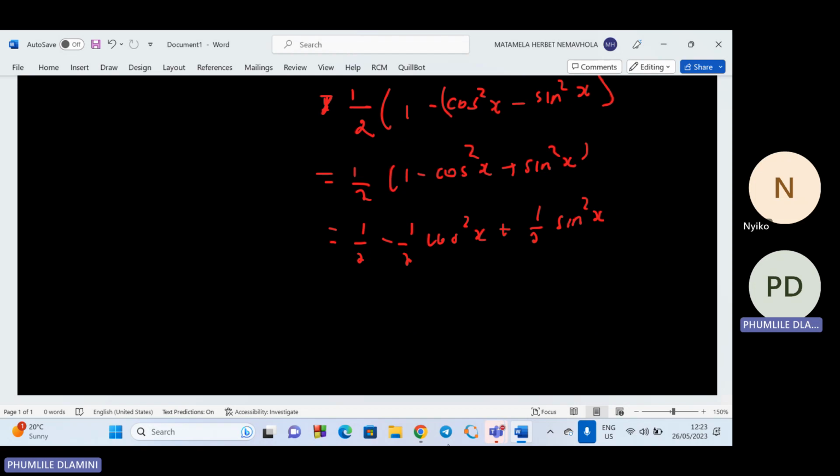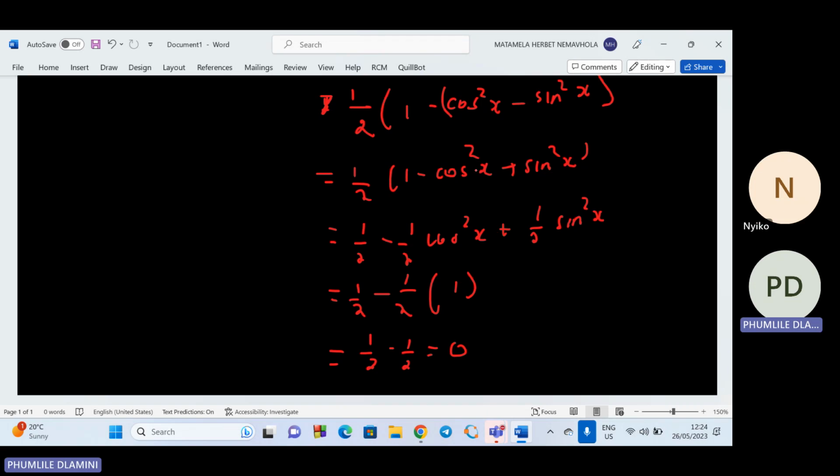Then, if we take out the negative 1/2, you will see that this will give us 1, right? Then we're going to be left with 1/2 minus 1/2, which is equal to 0. So do you see that it is indeed sine squared x equal to that?